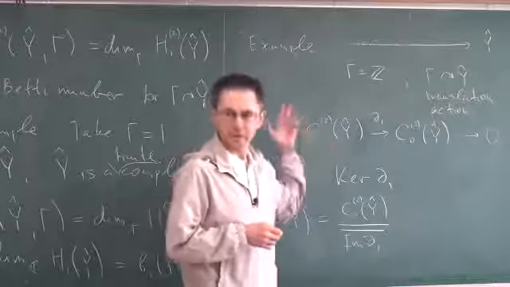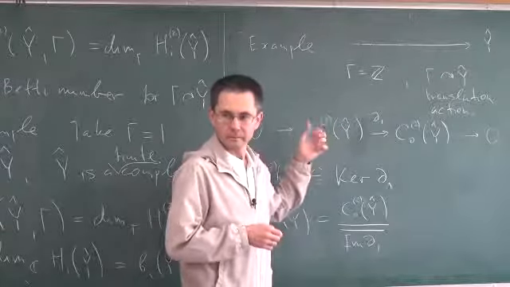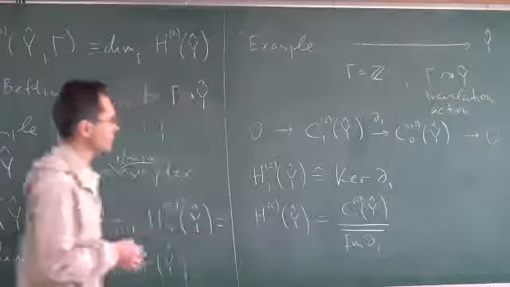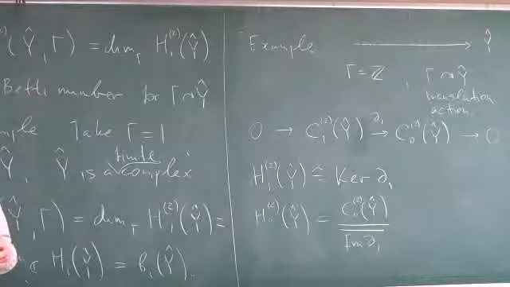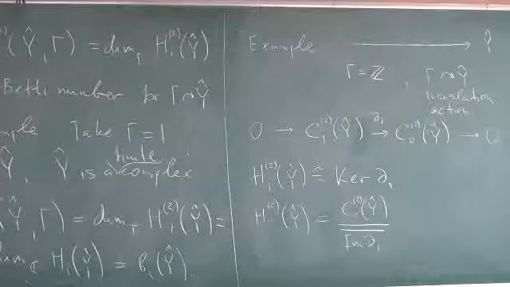By which you mean this map is injective? No. So you think of this L2 thing as, I mean, you can view these elements in the chain complex as either functions or linear combinations of these. Either way, it's equivalent.